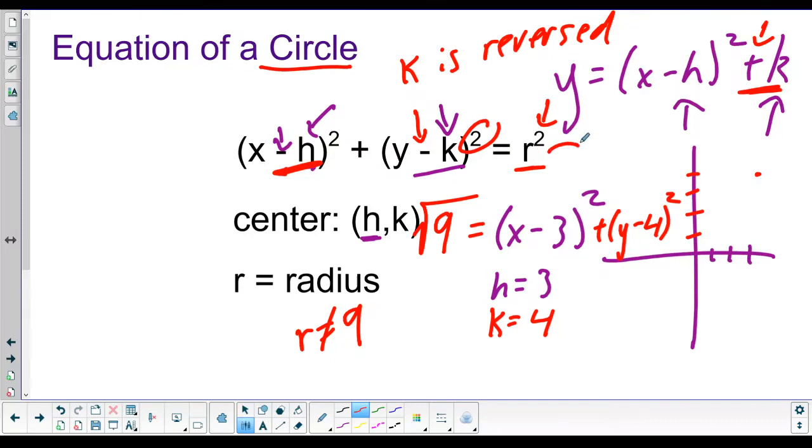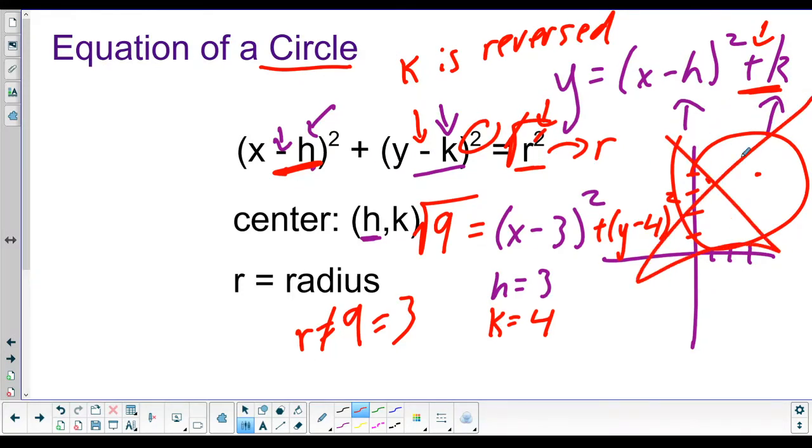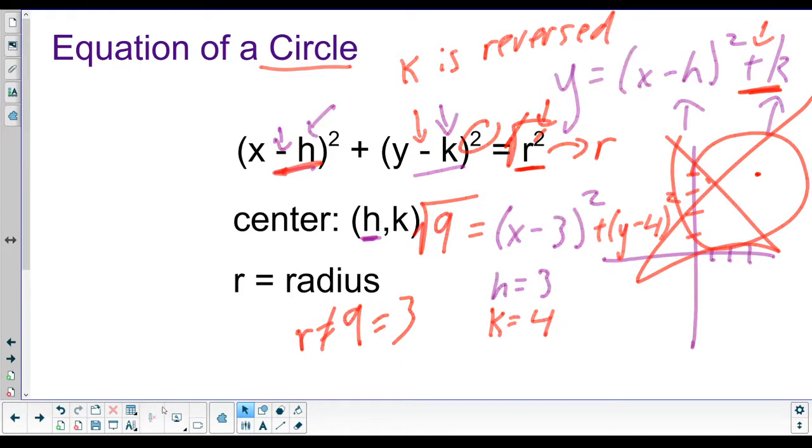So to get back to just the radius, you have to take the square root to cancel out that. So our radius would actually be 3. Okay. And then it's easy to do from there, right? You just circle. Oh, that looks awful. All right, luckily you don't have to draw circles. You just have to identify them. But so there we go.